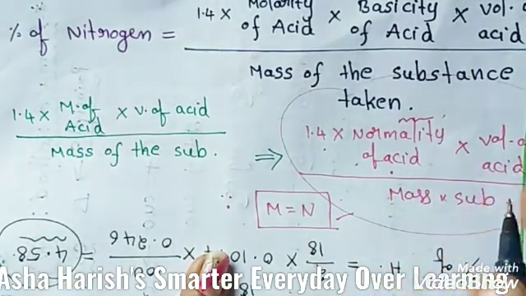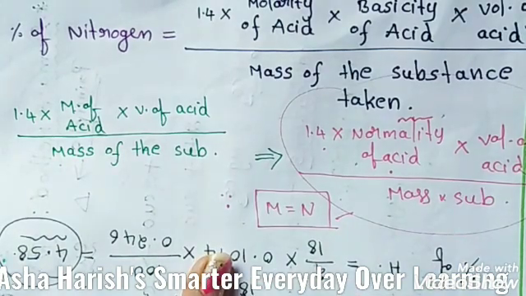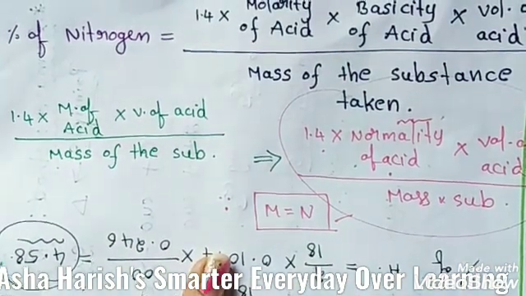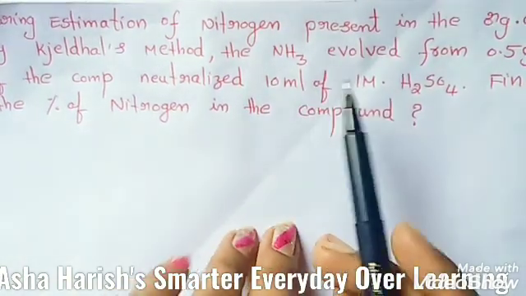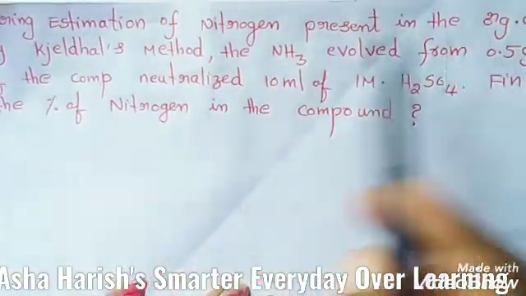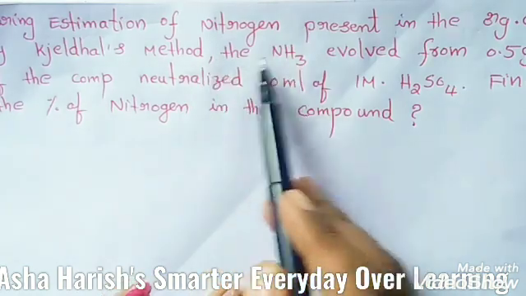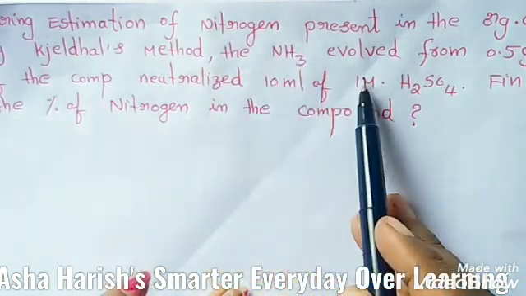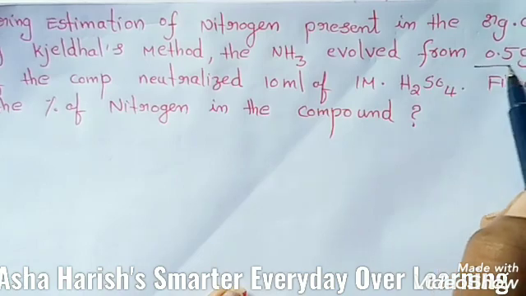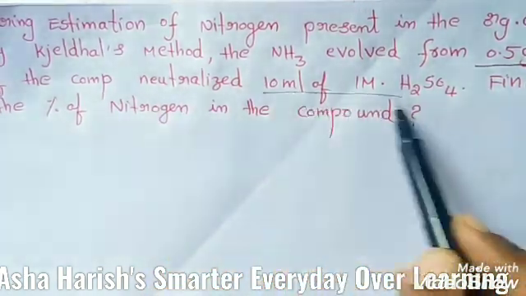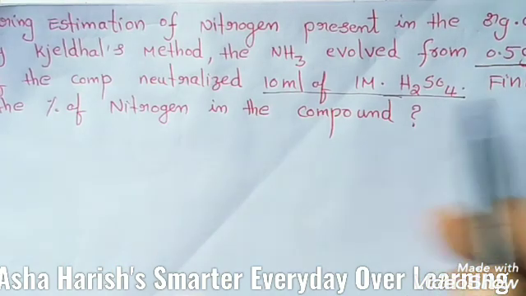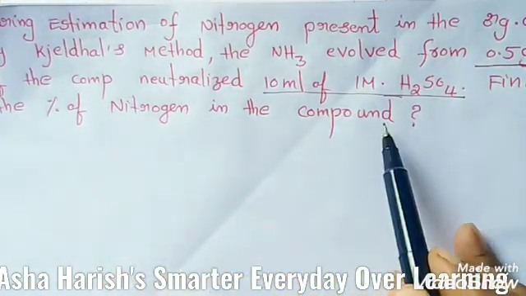Right, now let's see one example of calculation of the percentage of nitrogen. Here you have the example. Let's see how we can calculate the percentage of nitrogen during the estimation of nitrogen present in the organic compound by Kjeldahl's method. The NH3, the ammonia, evolved from 0.5 grams of the compound neutralized 10 ml of 1 molar H2SO4. Then find the percentage of nitrogen in the compound.